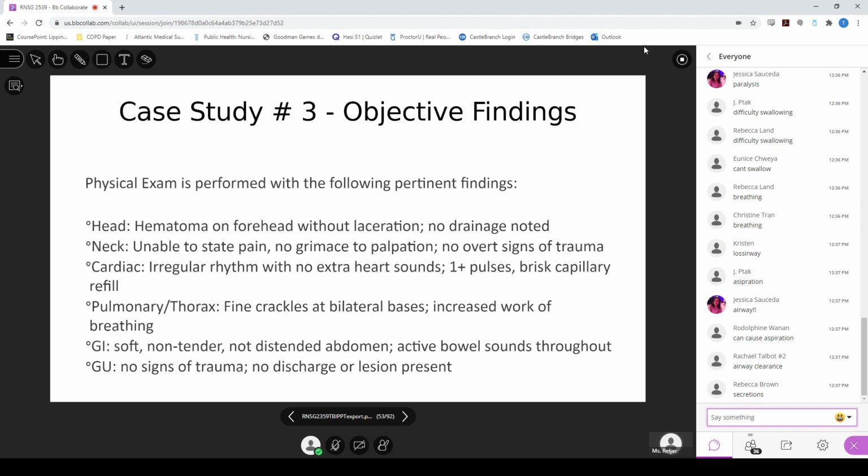Her pulses are brisk, brisk capillary refill, her pulses are +1. She has fine crackles at the bases bilaterally of her lungs, and increased work of breathing. Her GI is soft, non-tender, non-distended, and she has active bowel sounds. GU shows no sign of trauma, and no discharge or lesions are present.